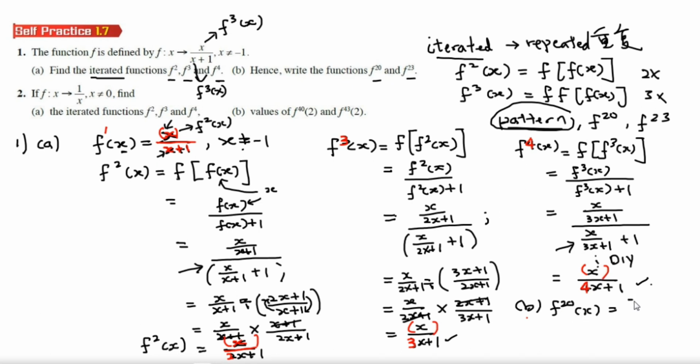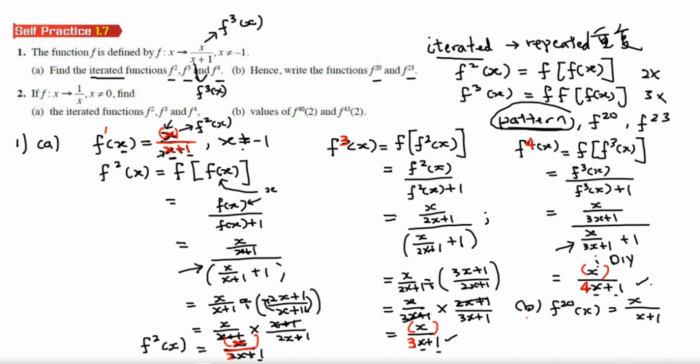The numerator remains the same. What else? Besides x, the other two terms are also the same. This x does not change. This number also does not change. They are the same: x plus 1, x plus 1 remains the same.